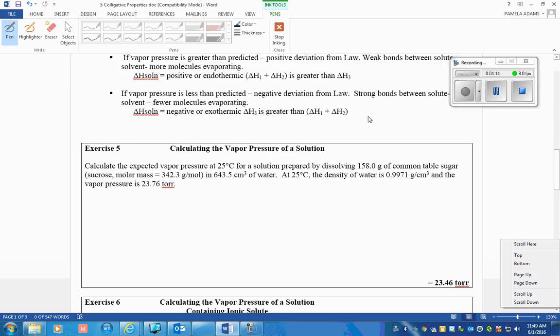Let's remember that a cubic centimeter is the same as a milliliter, and the density of the water at 25 degrees C is 0.9971 grams per cubic centimeter, and the vapor pressure of water at that temperature, which is the solvent, is 23.76 torr.